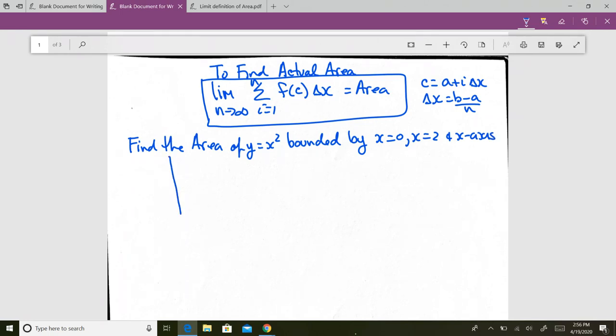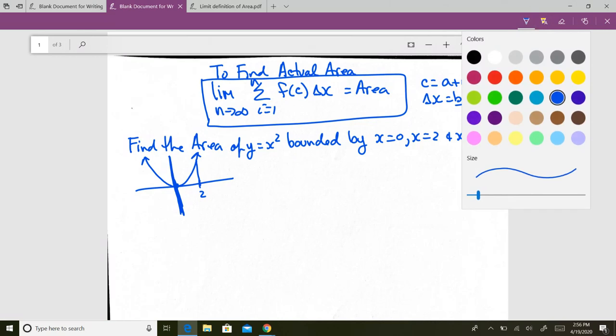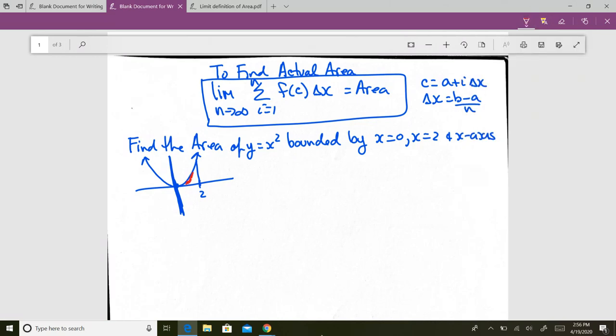So basically, you draw y is equal to x squared. We're bounded by x equals 0, which is right this line here, the y-axis, and x is equal to 2. So we are finding this area in here.